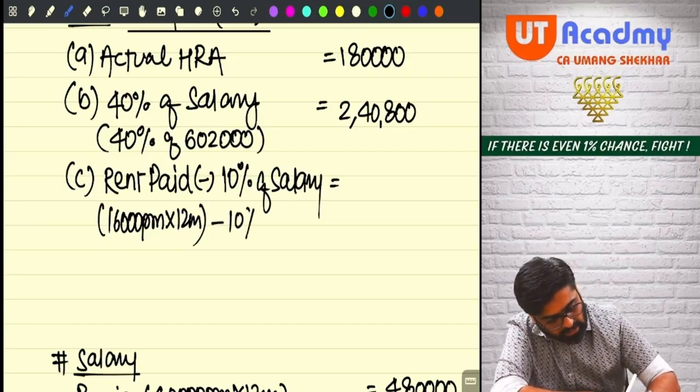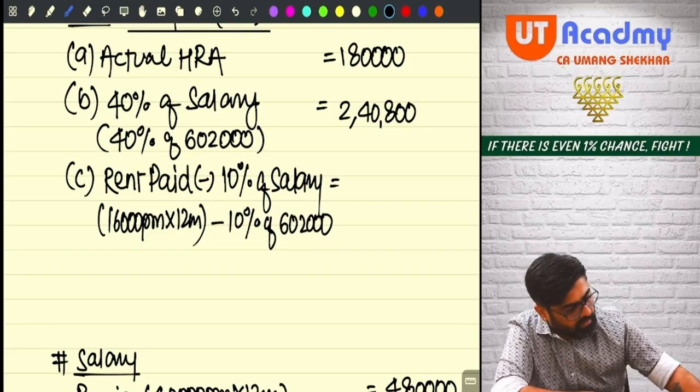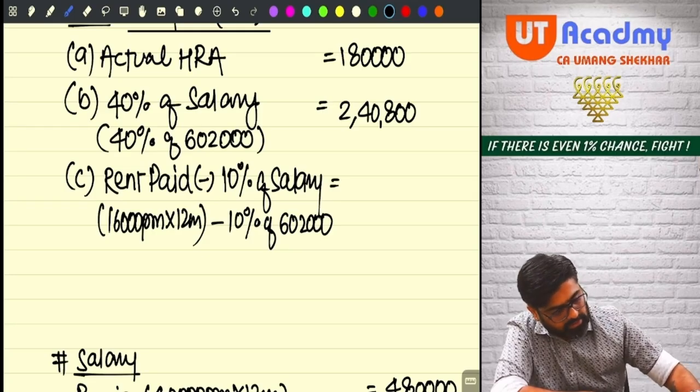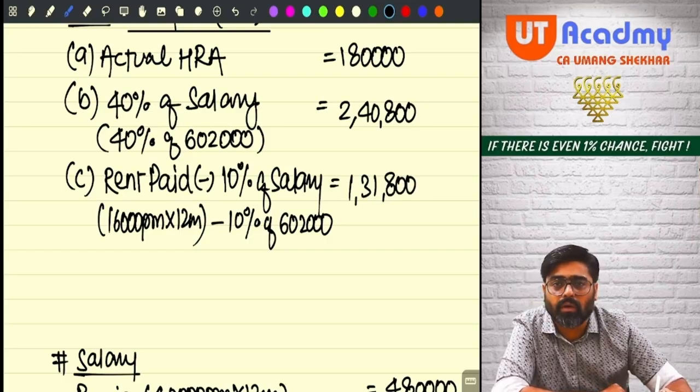And 10% of salary, so again I will take 10% of 6,02,000, which will be 60,200. And 16,000 into 12 is 1,92,000. 1,92,000 minus 60,200 will give me 1,31,800.